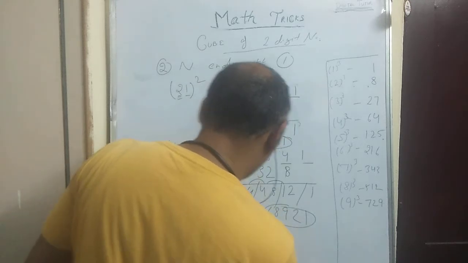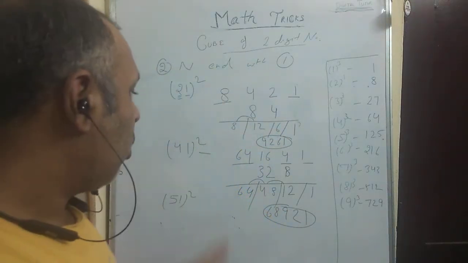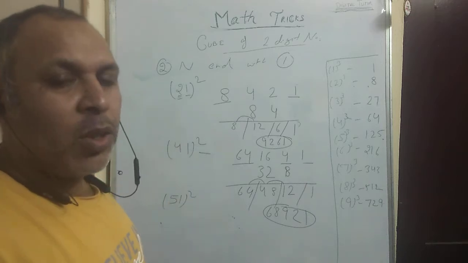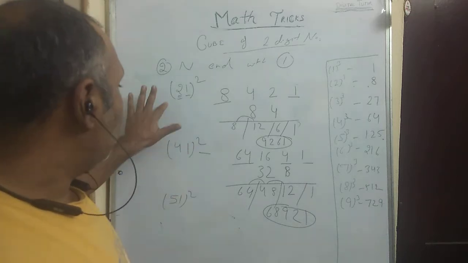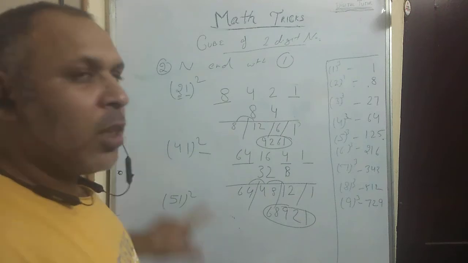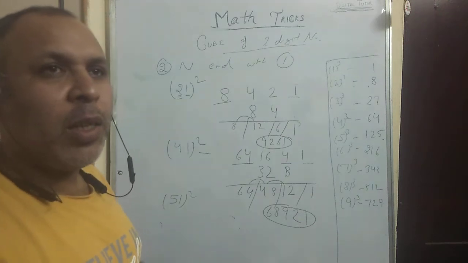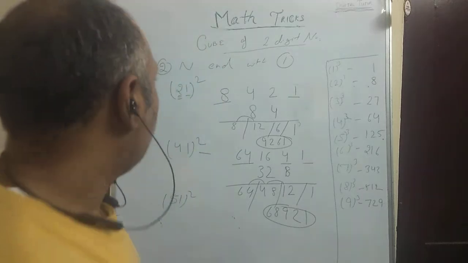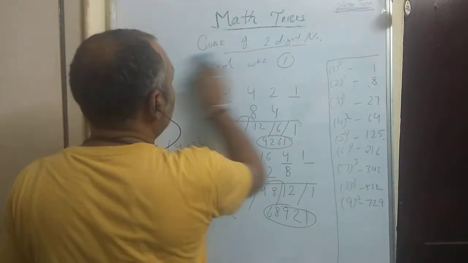So that is the cube of 41. Clear friends, I think clear, no need for more. Same for 31, 51, 61, 71, 81, 91, same as usual.